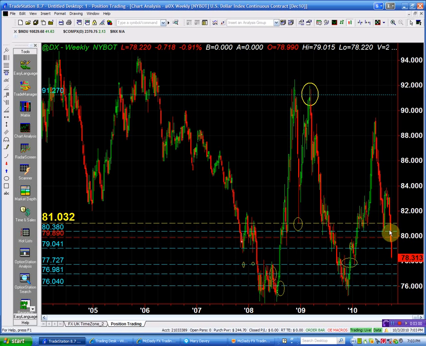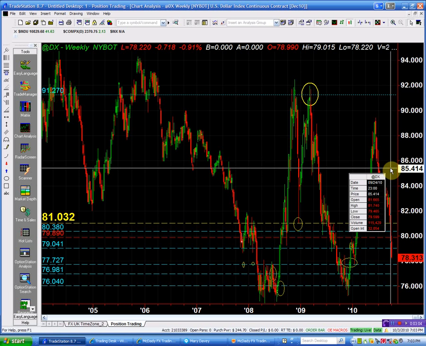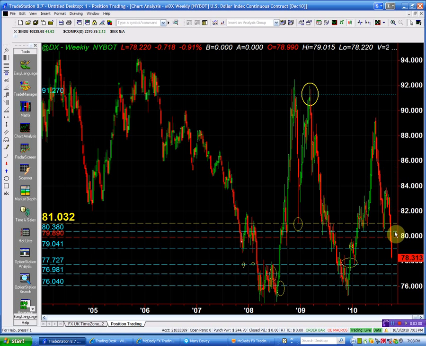At 80.38, which is the week of September the 24th, we broke through a structural point, and that was the beginning of the new leg. The dollar has been in a bear market for a couple of years, but that is the beginning of a new leg in the bear market.